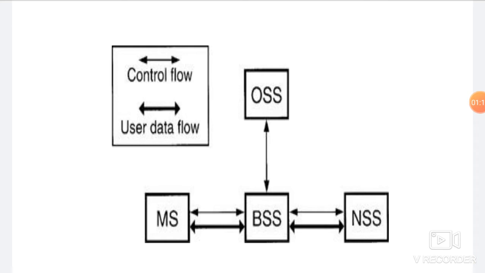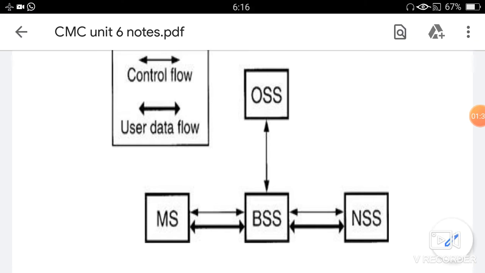What you're looking at is a GSM architecture, the external environment of the BSS. In this GSM architecture, we are going to have the MS, BSS, NSS, and OSS. MS is abbreviated as mobile station, BSS as base station subsystem, and NSS as network switching subsystem.